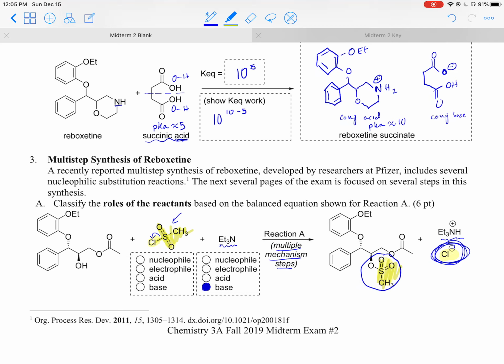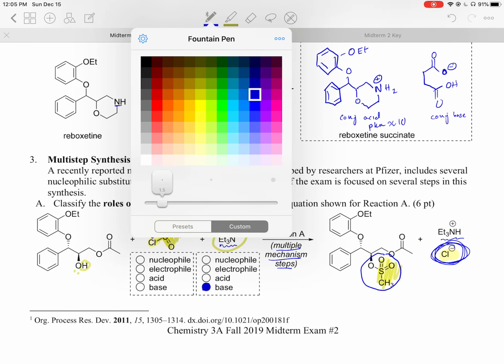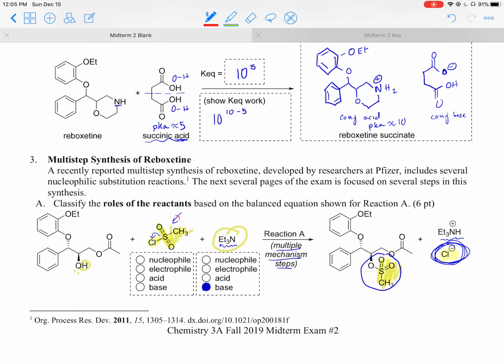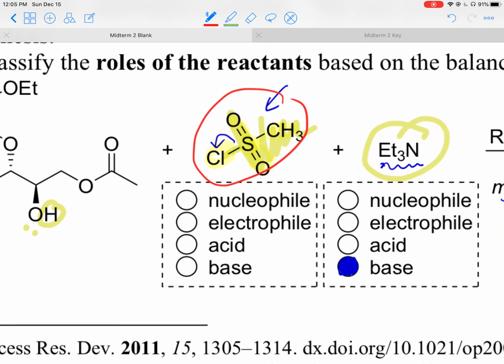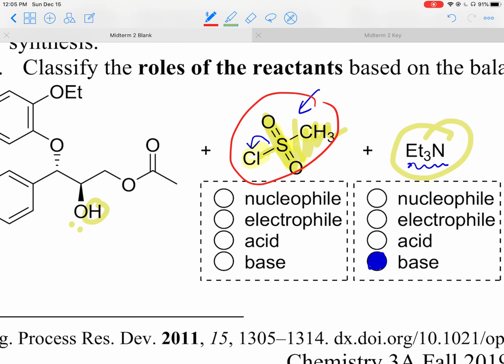We know that when the amine takes the hydrogen, it's not taking the electrons. The electrons are going to be left on this oxygen. And so when we're trying to determine what the role is of this molecule, we see that it doesn't have a lone pair. This oxygen has a lone pair, so that's what's going to be attacking the sulfur, right?